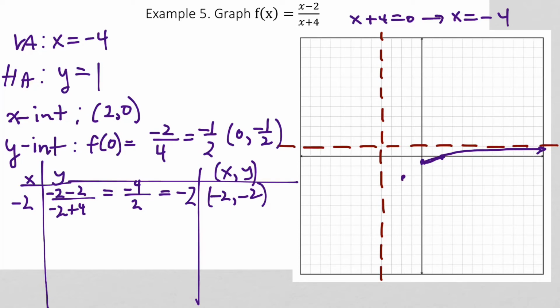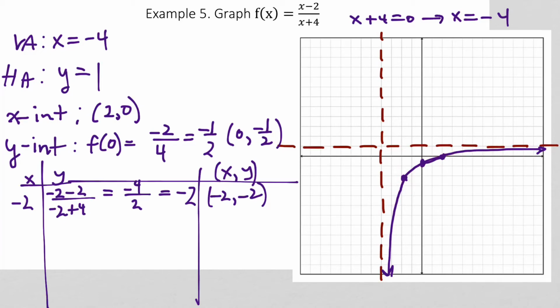All right, so it's going down here, and I can get as many points as I want, but you should have enough points plotted. I've got 3 points here. That's a good amount. You could have put another one up in this region here to get this behavior pinned down a little bit better, but it's going to have this basic shape here. So this is fairly accurate.